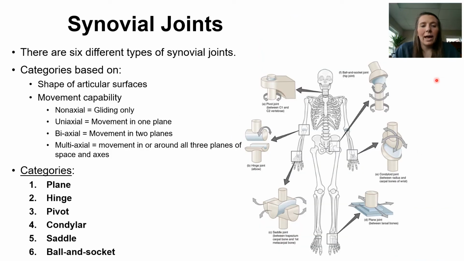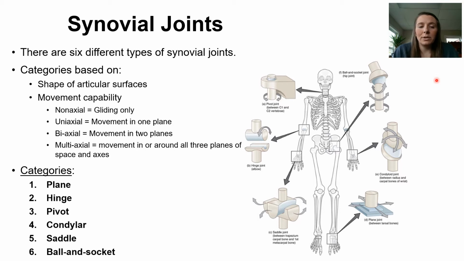So we have several different subtypes of synovial joints, and these categories are based on the shape of their articular surfaces and also their ability to move.